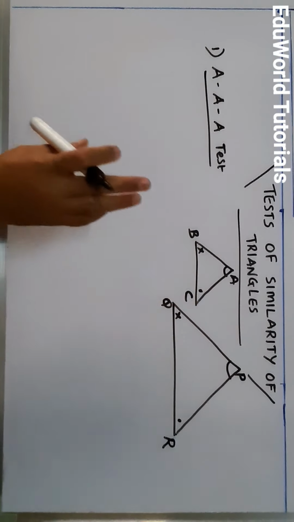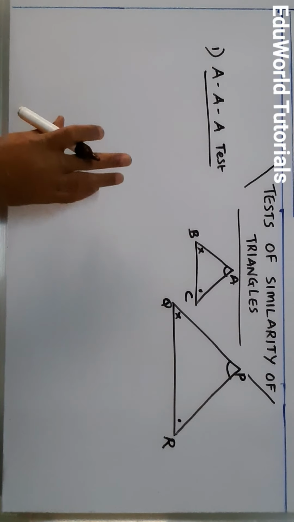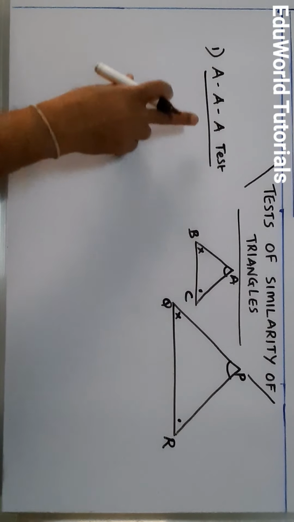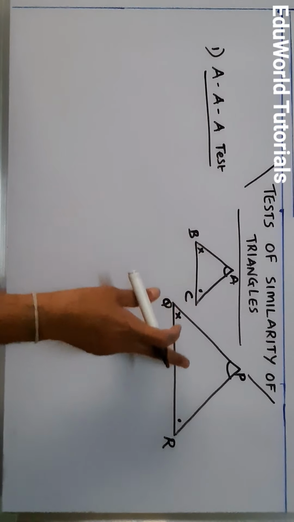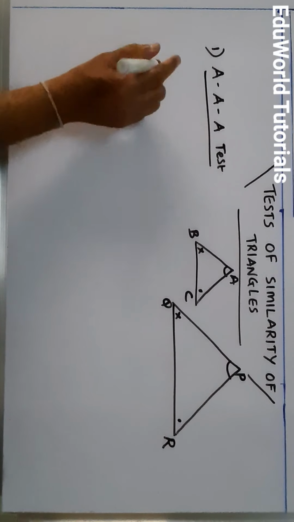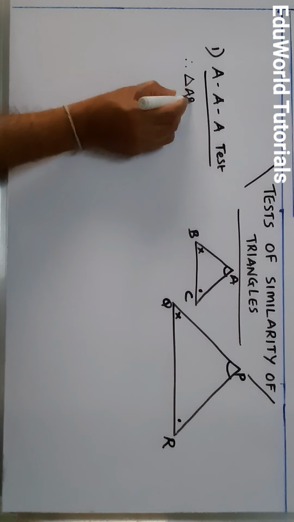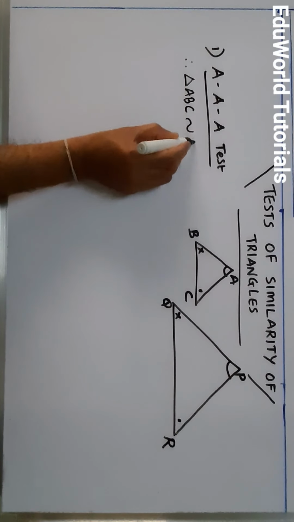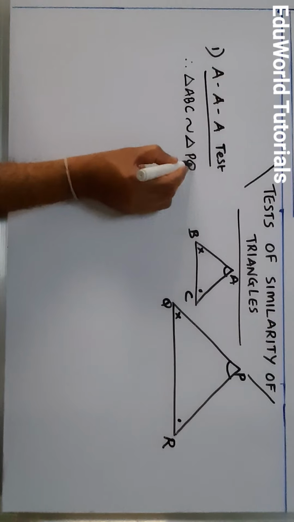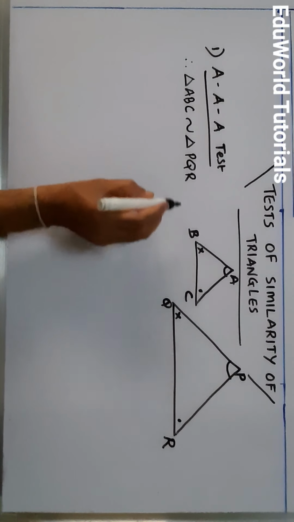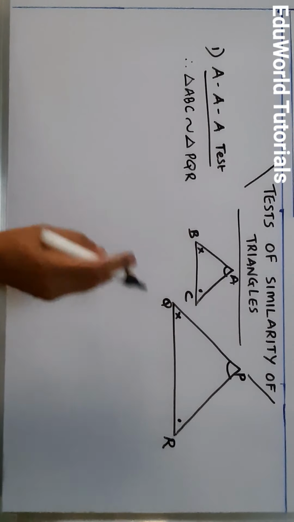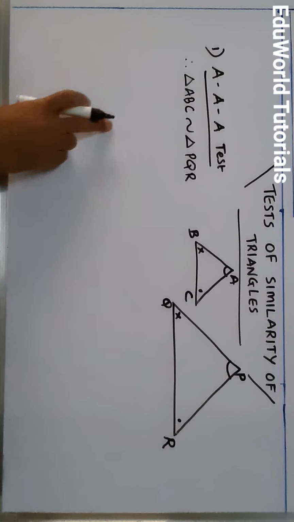There is no need of sides to be given in proportion. So triangle ABC is similar to triangle PQR by the angle, angle, angle test. This is the sign of similarity.